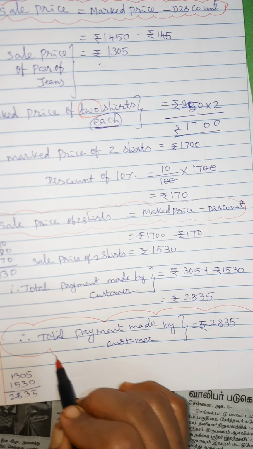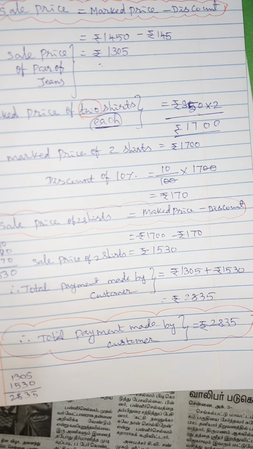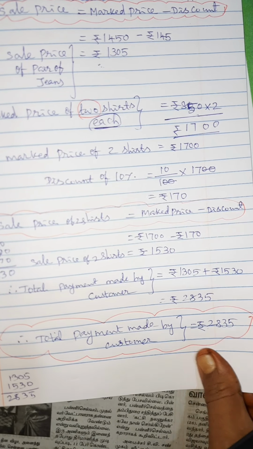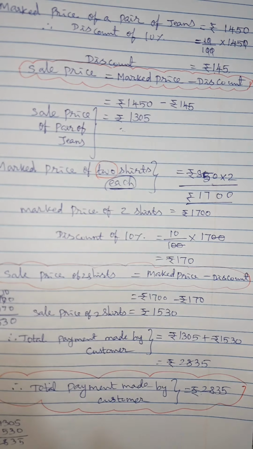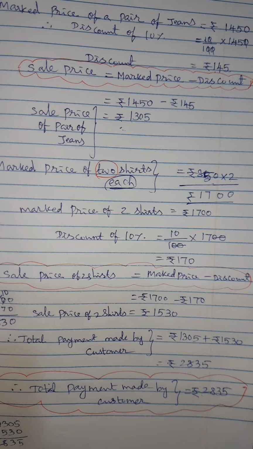After the discount, he has to pay 2835. That's it. Thank you.